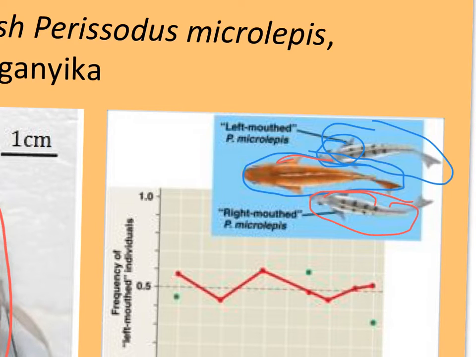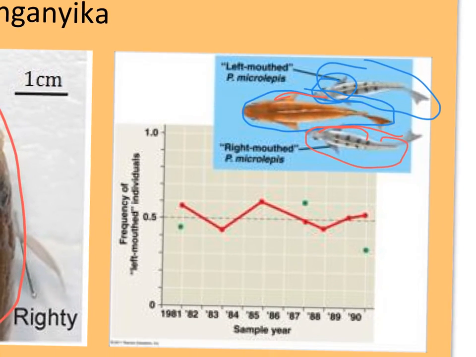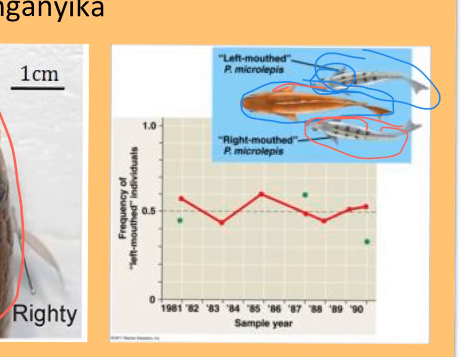And if we actually look at this, this is the frequency of the left mouth size. When it was high frequency, there was strong selection against that side, and the right mouth side became stronger.